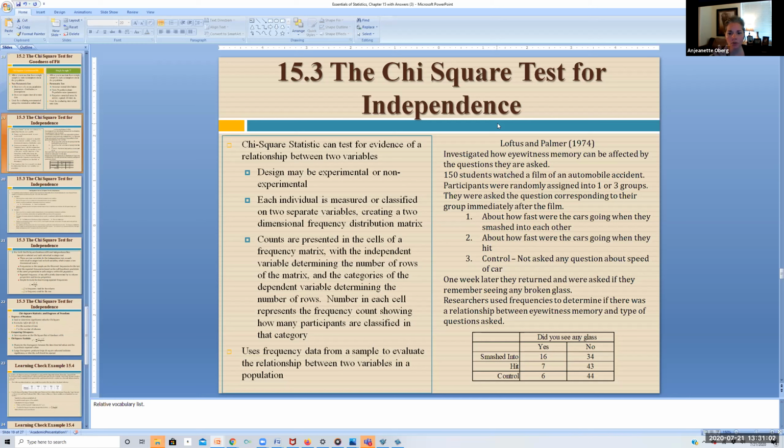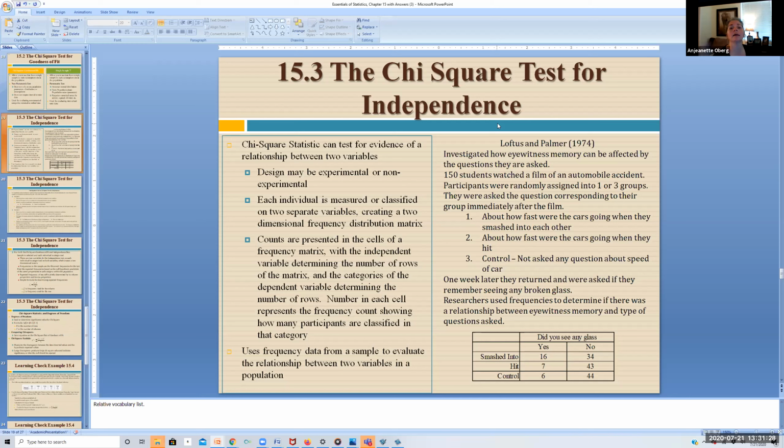So after they watched the movie, they were asked how fast the cars were going when they smashed into each other. The second group was asked how fast they were going when they hit each other. And then the third control group wasn't asked anything, right? So I am basically asking a question, but in a very different way. And I want to know if the way in which I ask a question influences the outcome, okay?